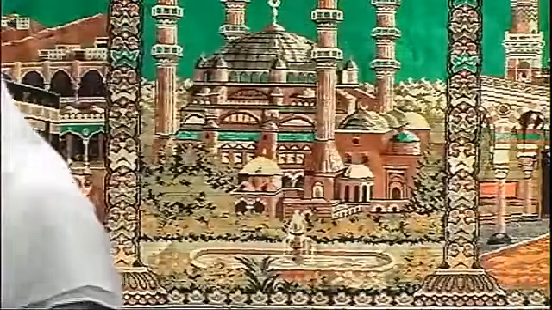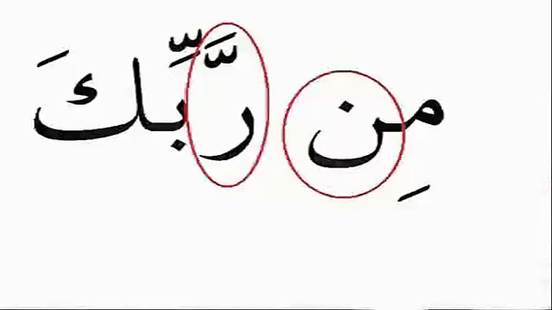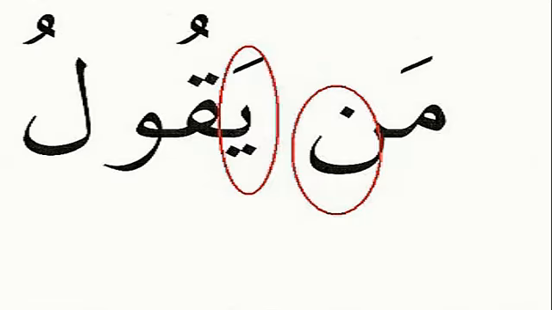Ikhfa and idgham are indicated by this device. The noon has no sukoon, and the following letter, if it has shadda, that means it's complete idgham. If it has no shadda, it is partial idgham, or it is ikhfa.